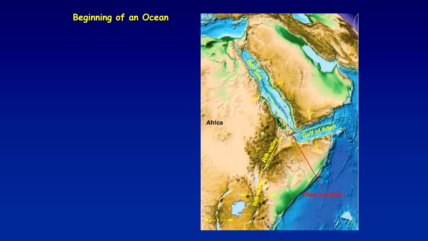So, what we see is that this is the triple junction. You have the movement of this portion over here, this portion over here, and this portion of the plate is moving almost in this direction. Okay. So, this is your triple junction, where these plates are moving away from one another. Okay.